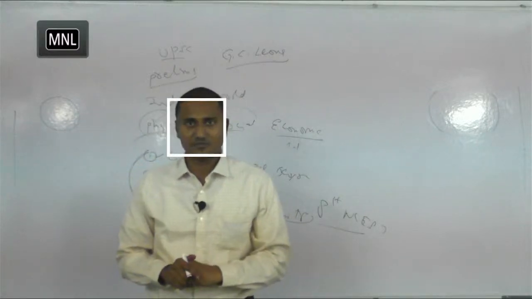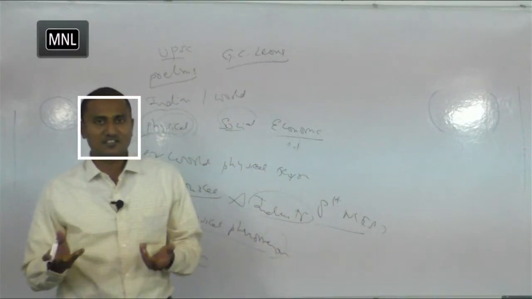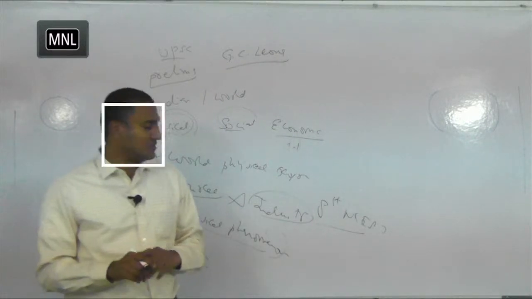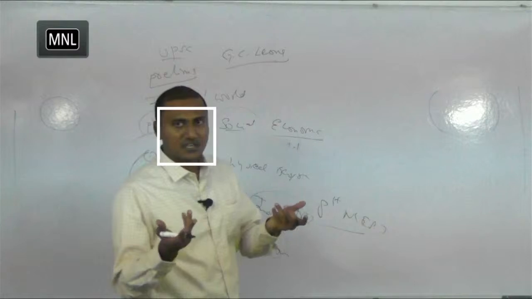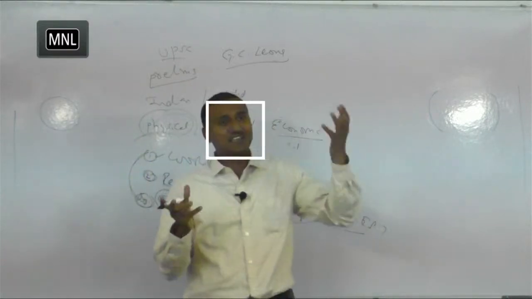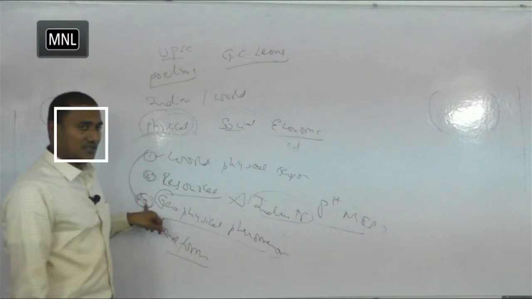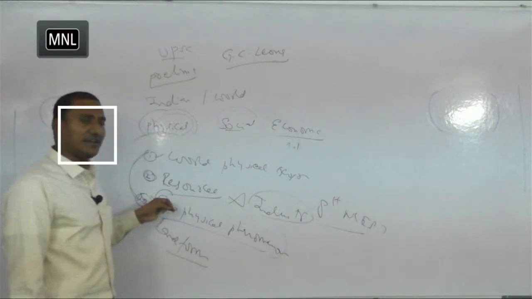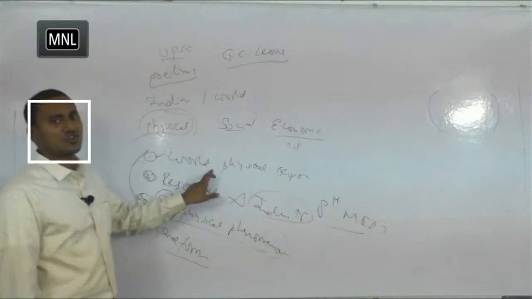Mostly it appears as disasters, floods and so on. Similarly, landforms means mountains, rivers, oceans, ice caps, all these things. In any textbook, this is naturally covered in the physical geography of the world.